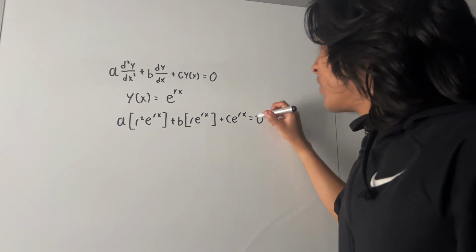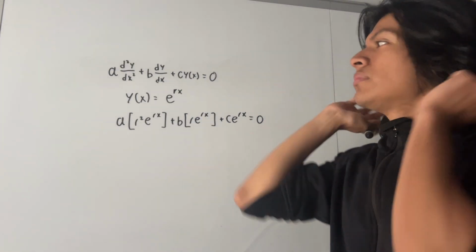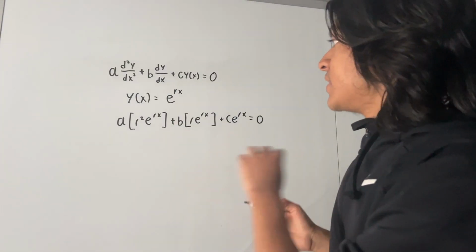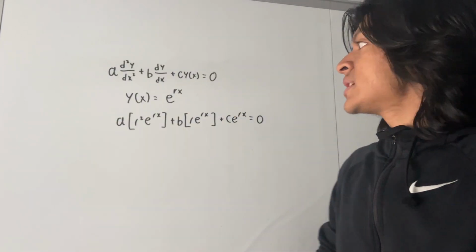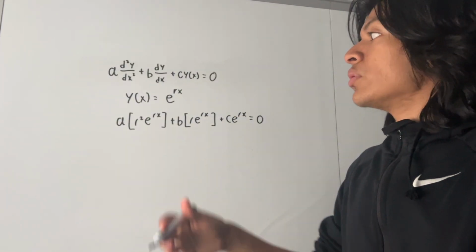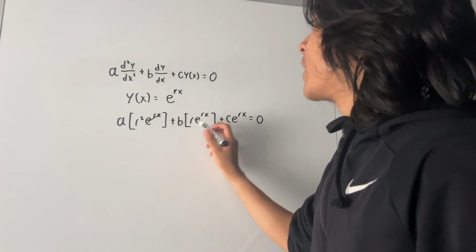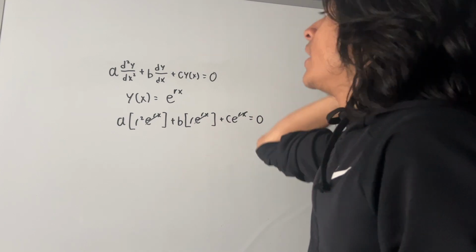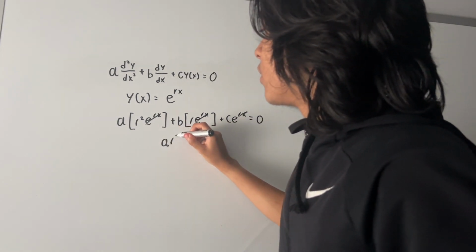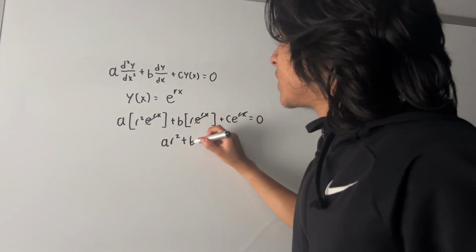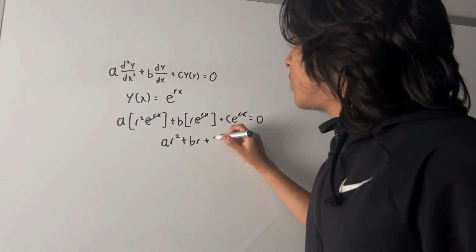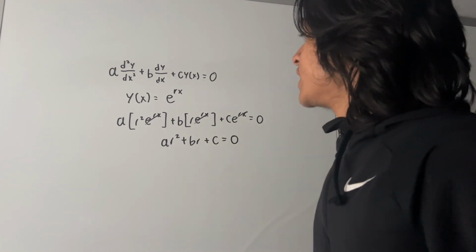So now we have this. What we could do here is factor out an e to the rx and divide both sides by e to the rx. So we could completely get rid of the e to the rx. So we have bam, bam, bam. And now we're just left with a r squared plus br plus c is equal to 0.